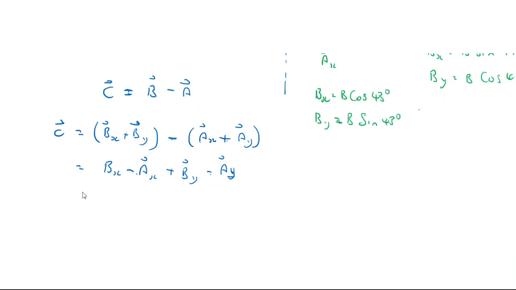And then from here, everything else will just fall into place. For instance, this bx is going to be b sine of 47. Remember I said I'm going to use 47. This is going to be a cos of 30 degrees. Then everything is going to be in the x direction.